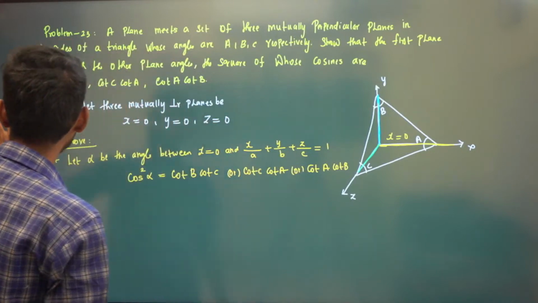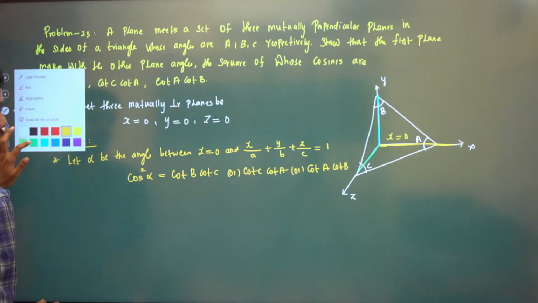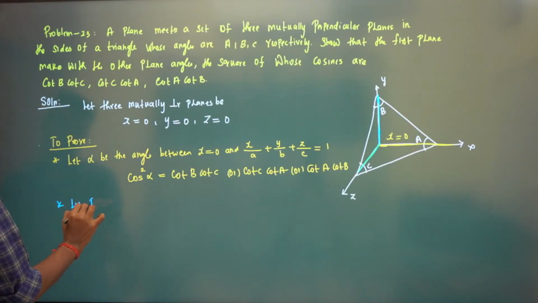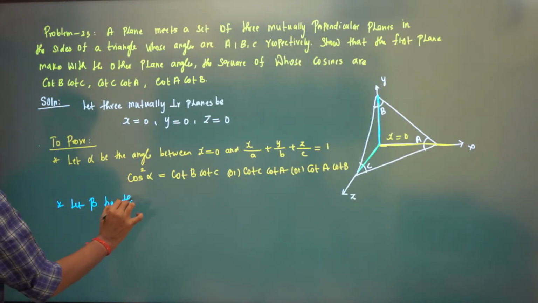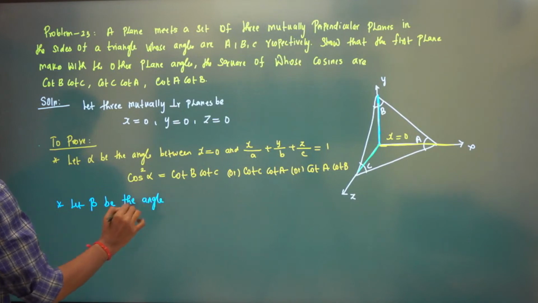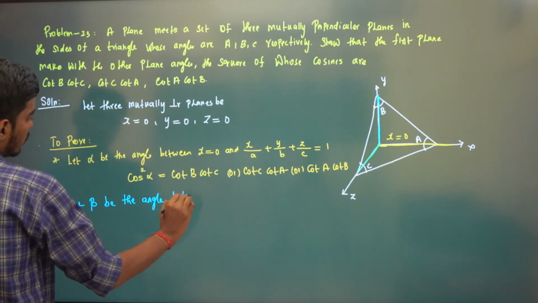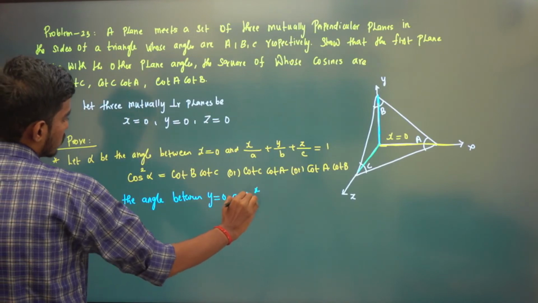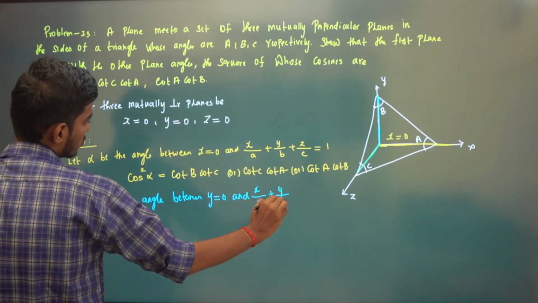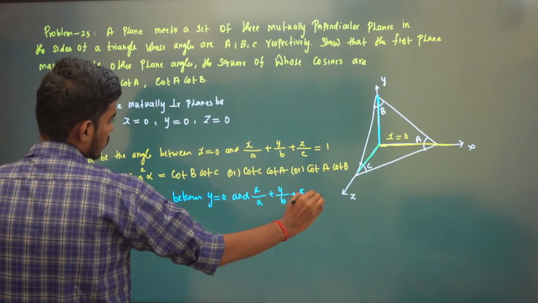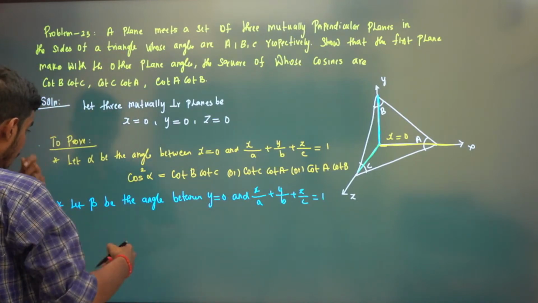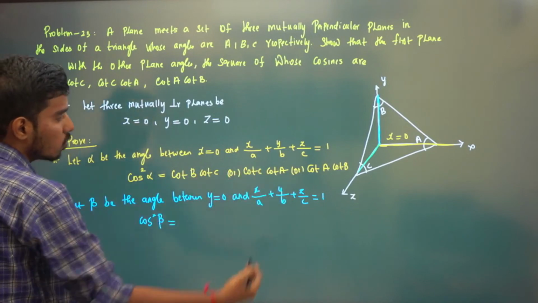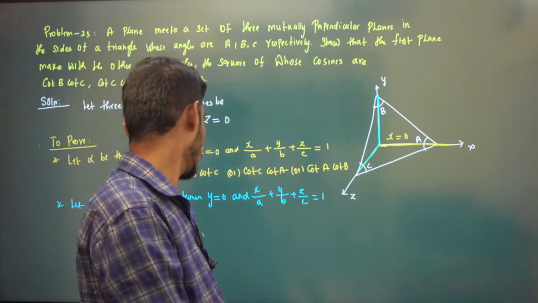And similarly, let beta be the angle between y equals 0 and the plane. Now you find cos beta. After that, you square it. You need to show that it is equal to one of these three, right?